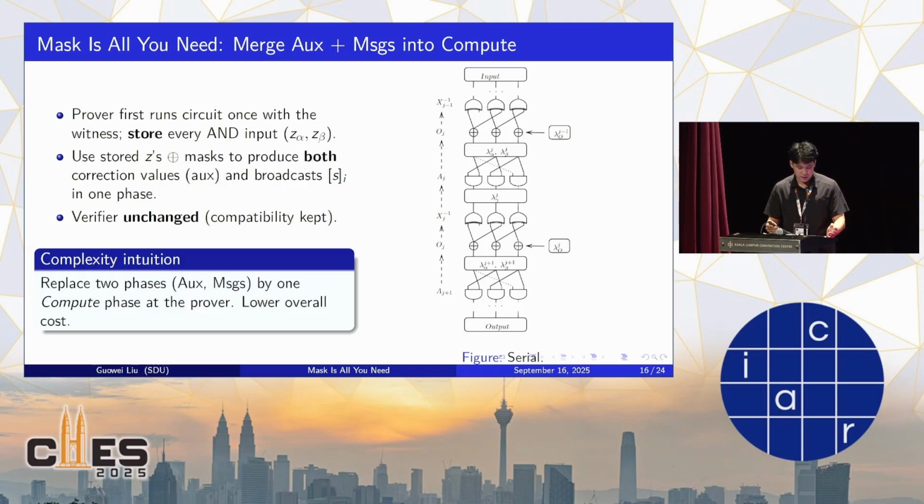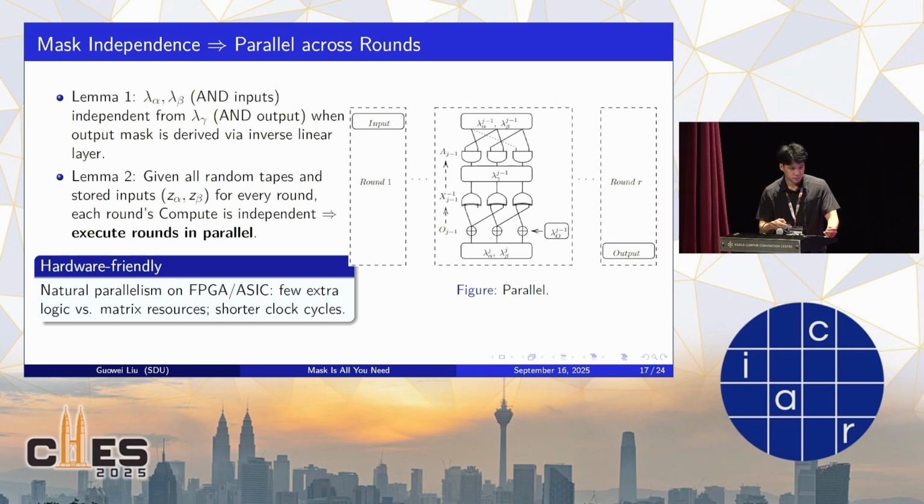With this capture and the masks expanded from the random tape, we produce both outputs at once, I mean the auxiliary information and the broadcast shares si. All of this happens in a single compute phase. Importantly, the verifier is unchanged, which means the same interface, same checks. We only reorganize the work on the prover side.